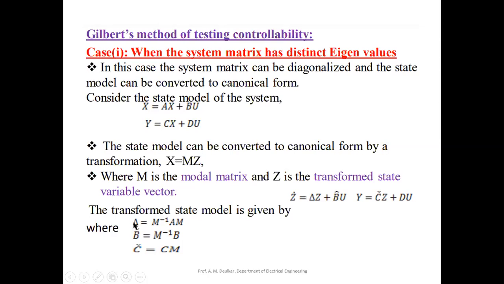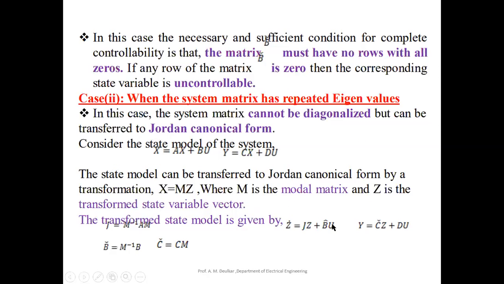Now capital lambda is defined as M inverse into A into M. Many call it the Jordan matrix as well. Then matrix B bar is given by M inverse into B, C bar is equal to C into M, and D is as it is. Keep those things in mind.